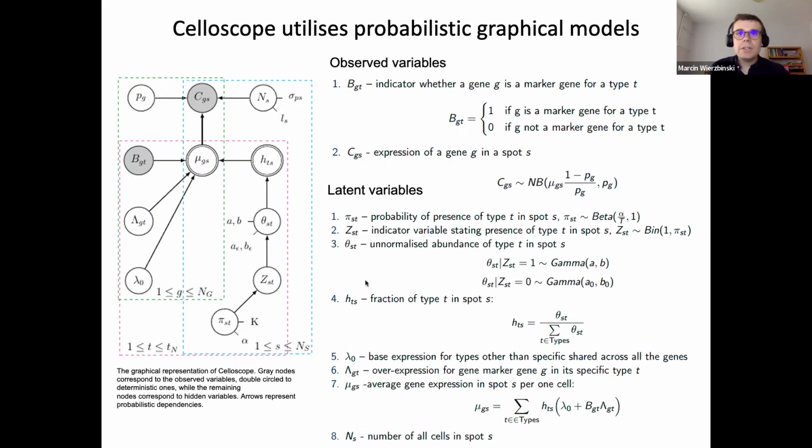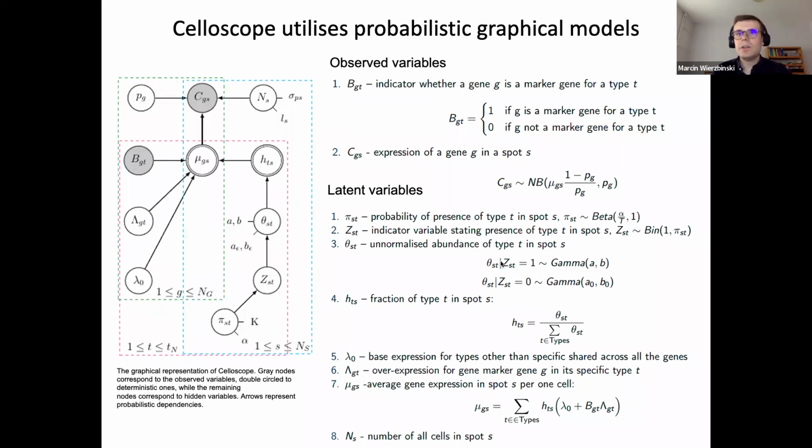The deterministic variables mean that a number can be computed using the previous variables. This is an important explanation because the HTS within a spot should sum up to 1. For a specific spot, across the range of types, we need to sum up to 1. This is the form for that.